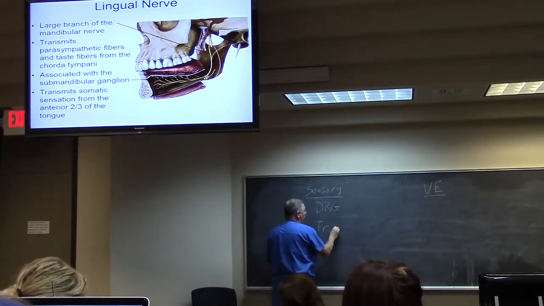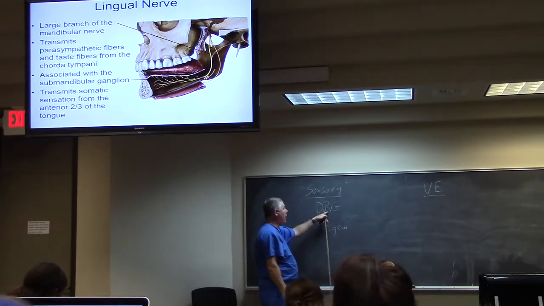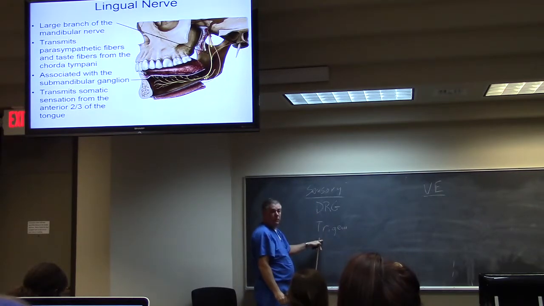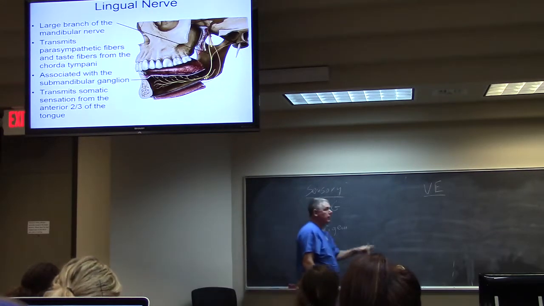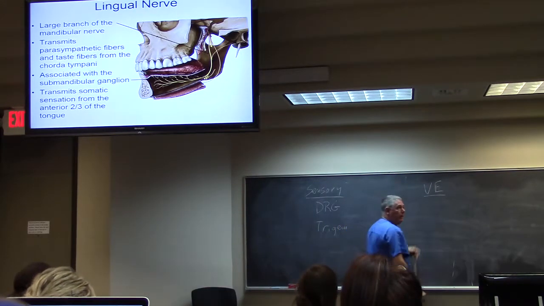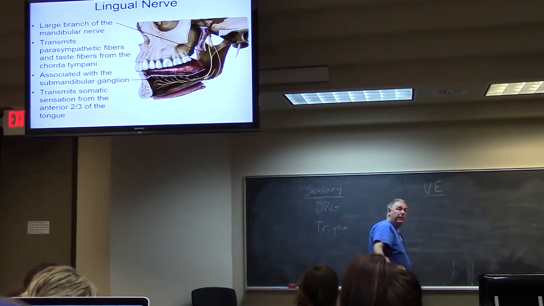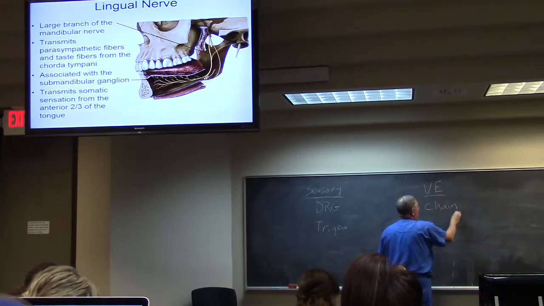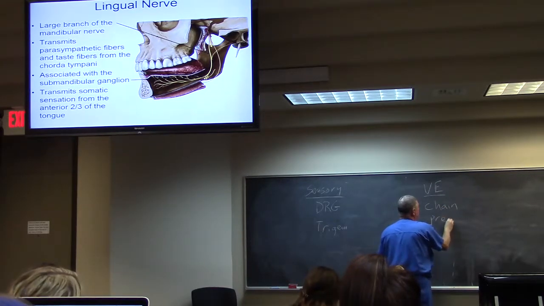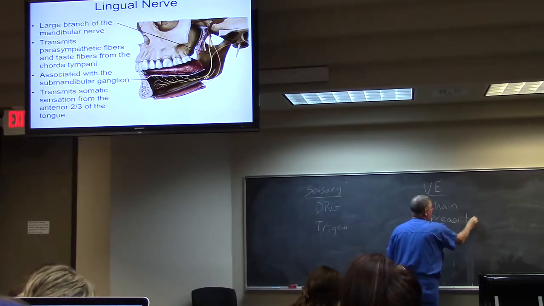The trigeminal ganglion. This is for your body, that's for your face. The visceral efferent ganglia for the sympathetics we know are chain ganglia and pre-aortic, which we're going to see next block.